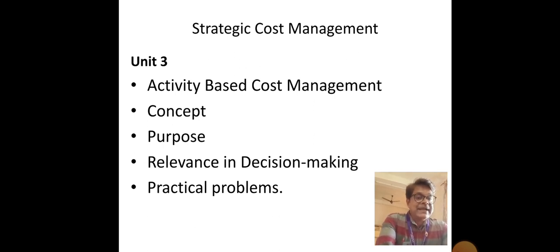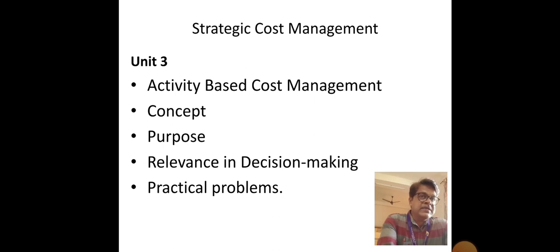One is cost activity, another one is cost factors. What is cost activity? It is aggregate of a cost which is to be incurred for manufacturing a product or service. Then what is cost factor? Cost factor is a factor which is influencing the value of cost activity.